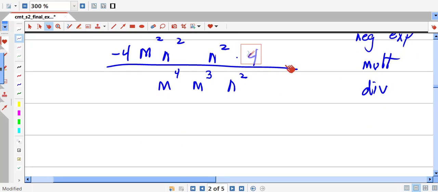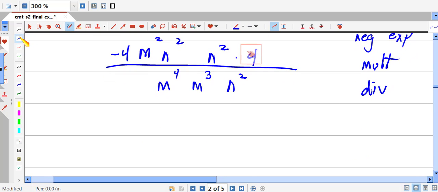And now I'm going to use the multiplication rule, which is when you have repeated bases. So in the numerator, I have repeated n squared, so I add the exponents together. In the denominator, I've repeated m's, so I add their exponents together and condense into a single exponent.